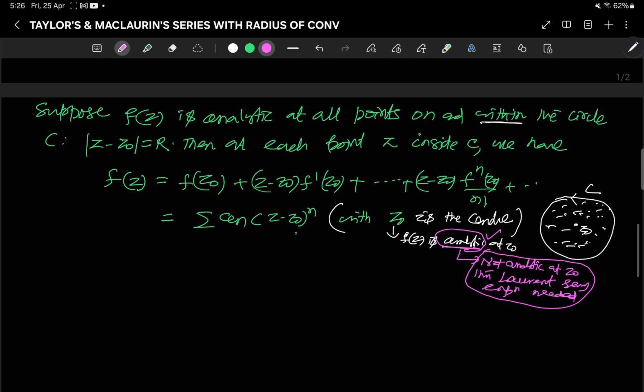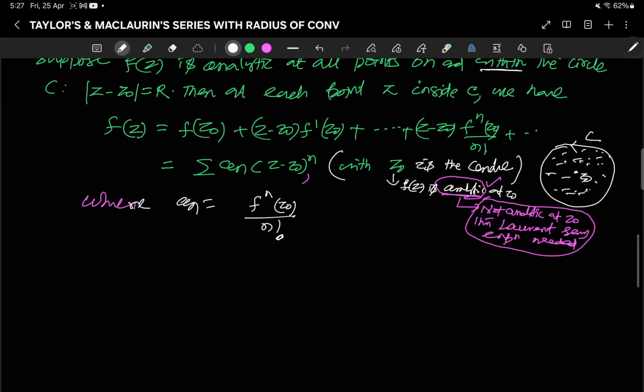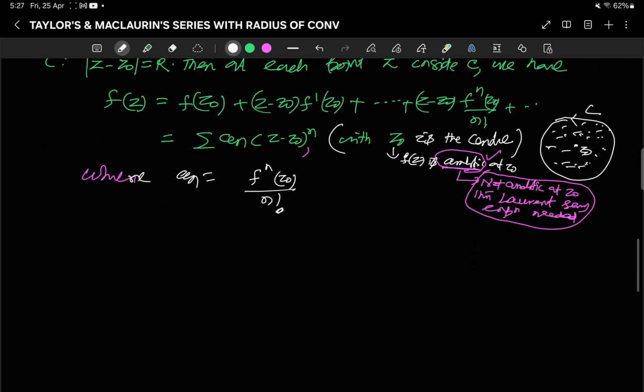Here a_n is equal to the nth derivative at z0 by factorial n, okay? So this is my simplest way to write it, and this Taylor series is unique.